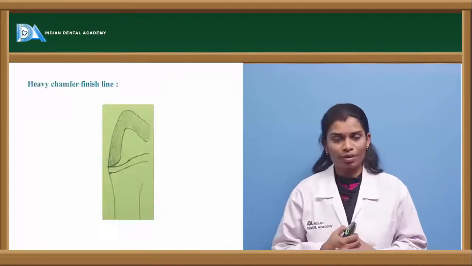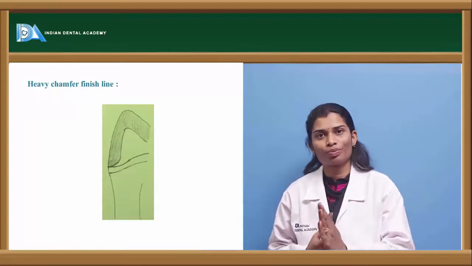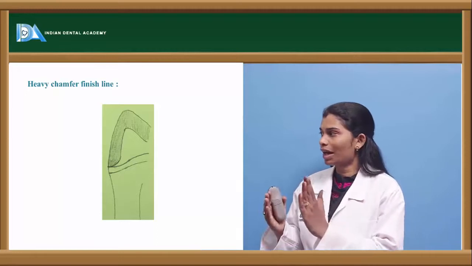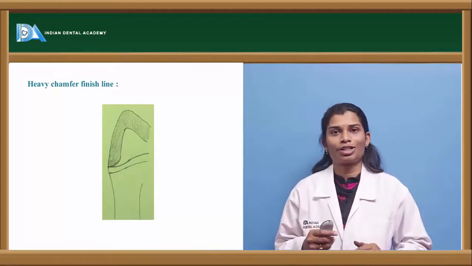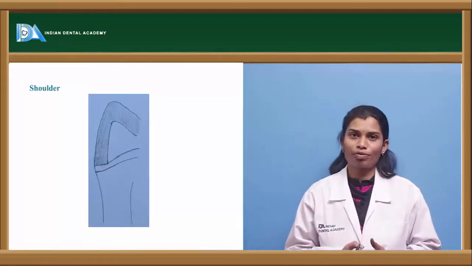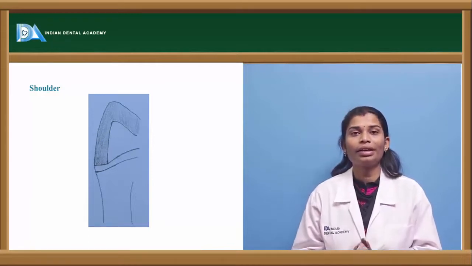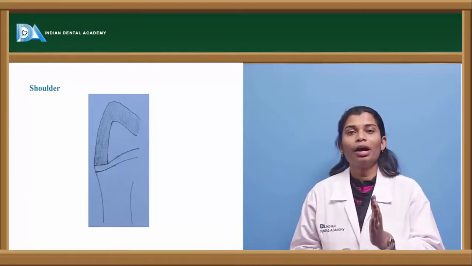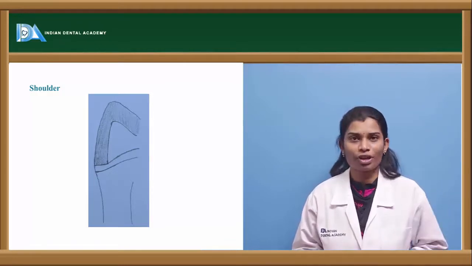Coming to heavy chamfer, the amount of axial reduction will be more. So this will lead to more seat on the gingival margin. Coming to shoulder, this is the second type of finish line, which is ideal for all ceramic restorations, where the internal line angle will be 90 degrees. It is not rounded unlike your chamfer finish line.